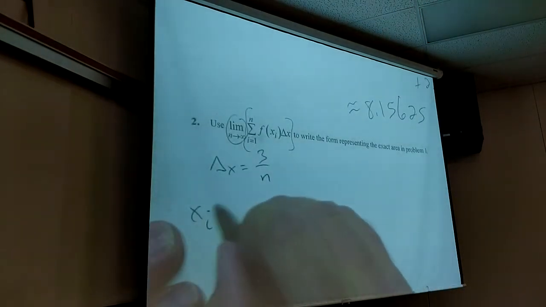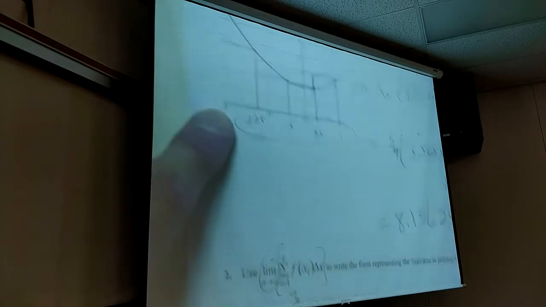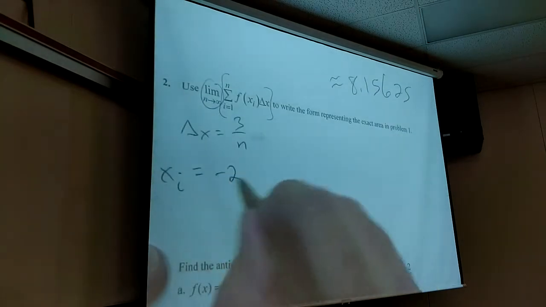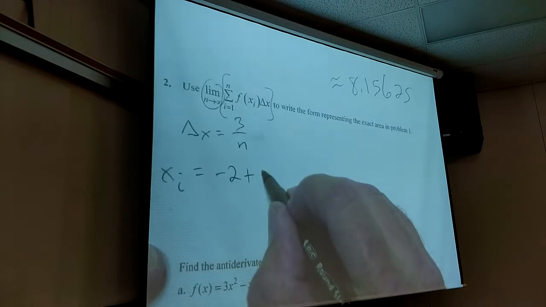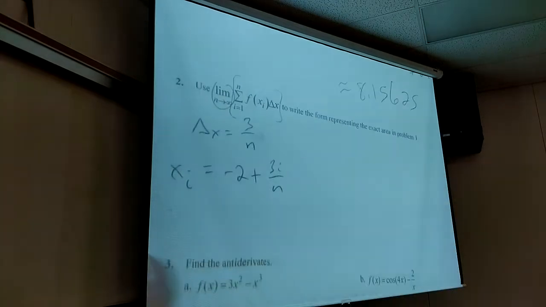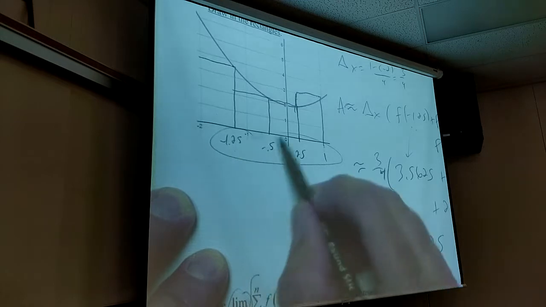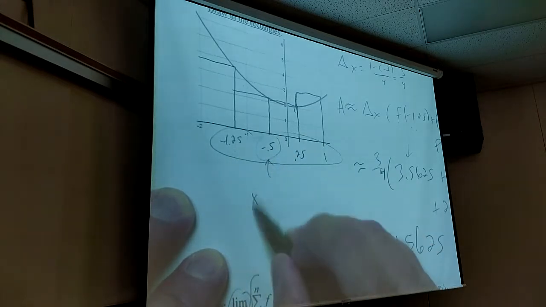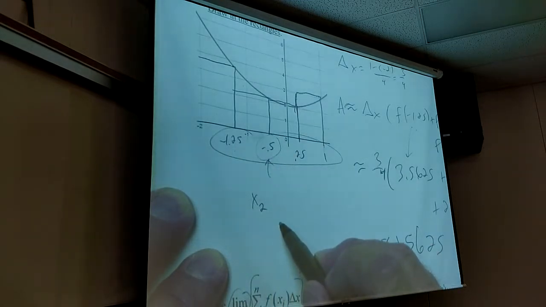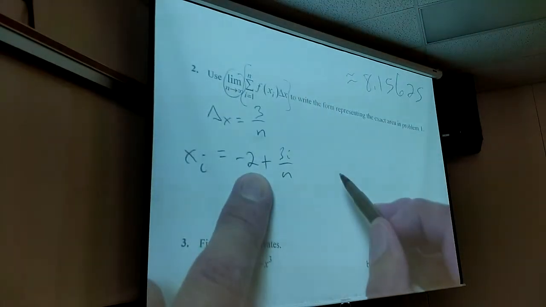Which means xi is going to be, starting at negative 2, plus i steps. I like it. Which, real quick, let's double check. What was x2 up here? Here's x1. This is x2. Right? And what's this say it's supposed to be?